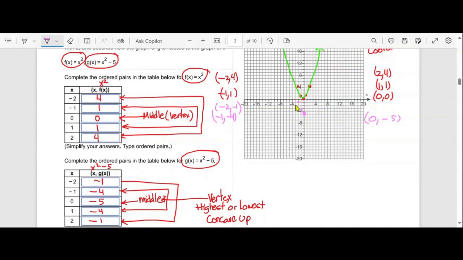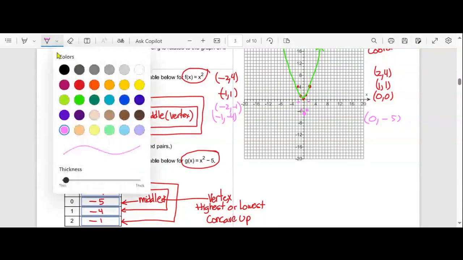The other side is going to be 1 and -4, and 2 and -1. So if you want to graph this, this is how it's going to look.